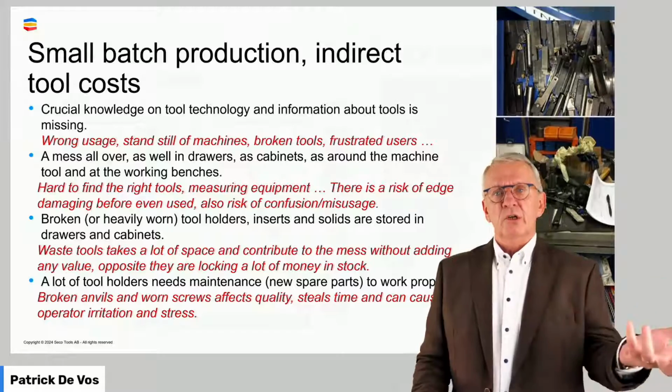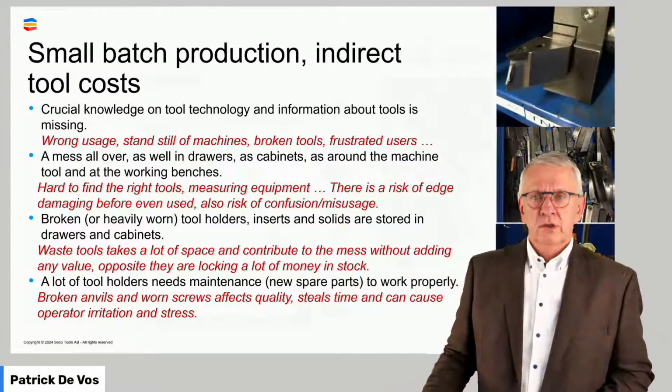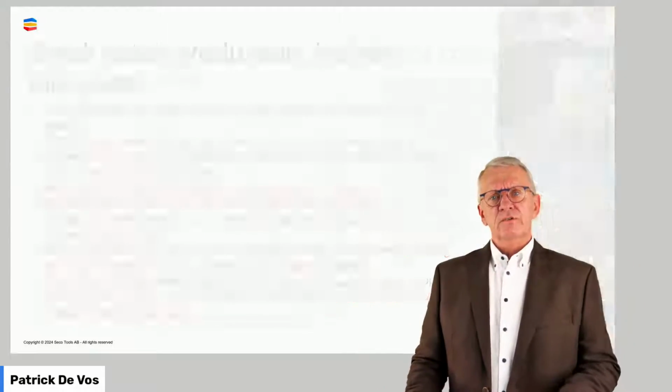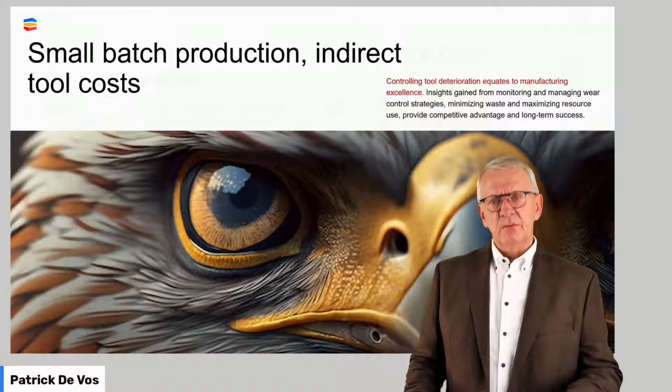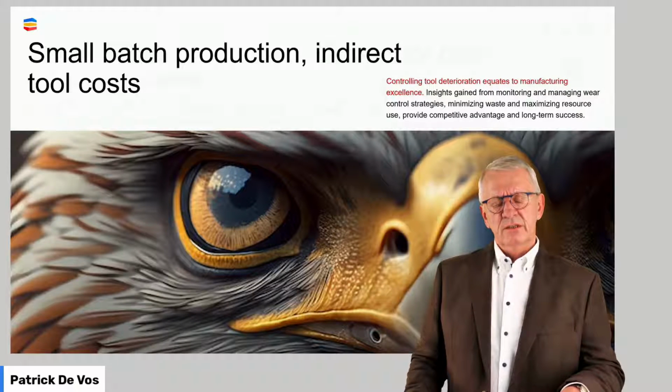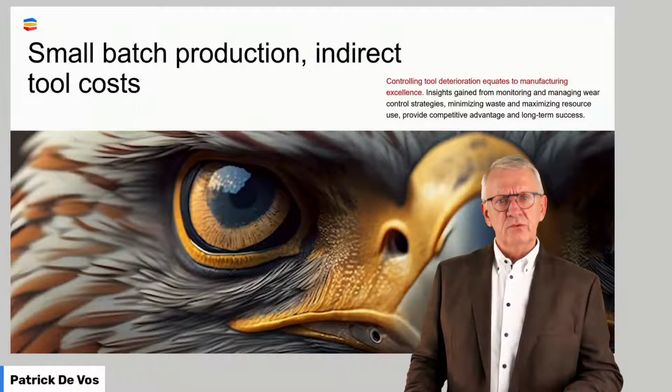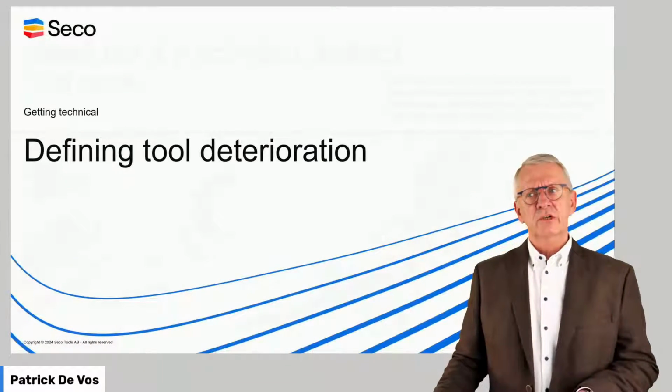Your purchasing budget for tools, that's a cost. But next to that, you have a lot of other things playing in the background. And again, finding that is about observation. It's about looking at it, analyzing the situation, seeing what's going on, trying to find relations between things, and that's what we are going to do here.